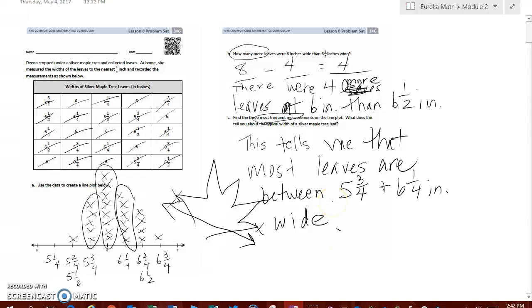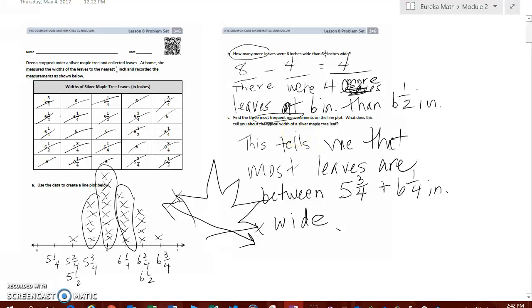Okay. You could even drag that to 6.5 if it didn't tell you to look at the 3 most common. If it just says, look at the line plot, what does it tell you about the typical width of a silver maple tree leaf? I would say this tells me that most leaves are between 5 3/4 and 6 1/2 inches wide, because most of the X's are here. You have one here and one here, and that's not very common. There was only one. Okay?